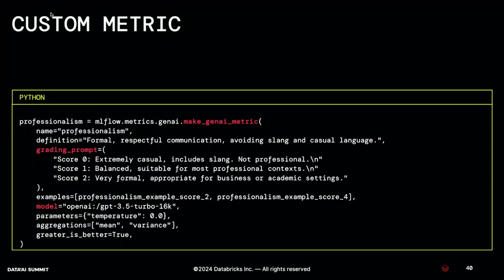This is kind of how a custom metric would be defined. We're doing something here called professionalism, and we're giving it within that grading prompt what its rubric is for how it's going to score these things. So 0 being casual conversation, maybe not something that you would want for a very formal interface to end users, all the way to the score 2, extremely formal.